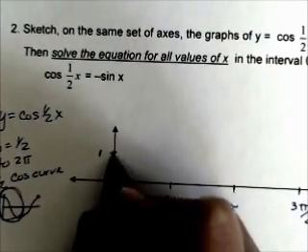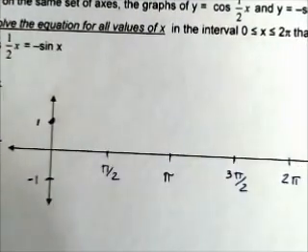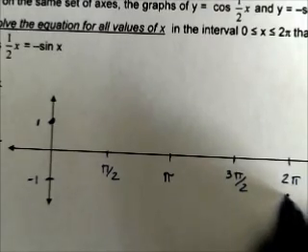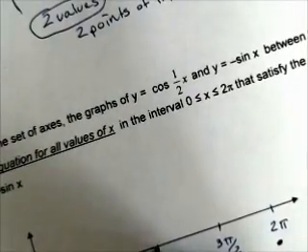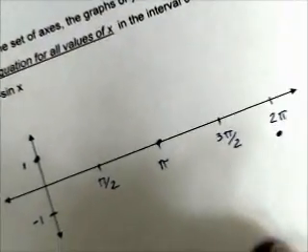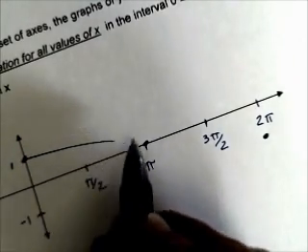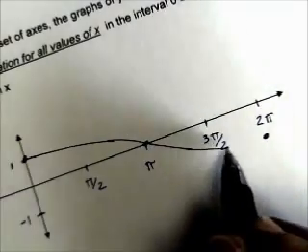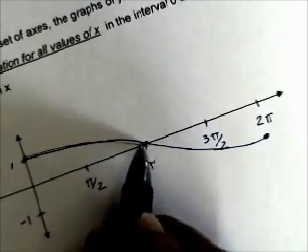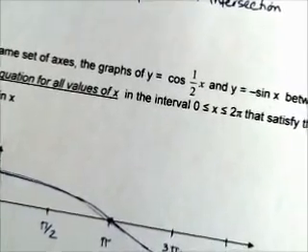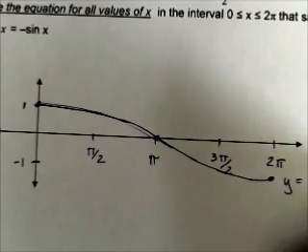So we'll start at 0, 1, and then at 2 pi we'll be down at a y value of negative 1. And midway between will be on the x-axis, so at pi we'll be on the x-axis. Well, let's connect this.